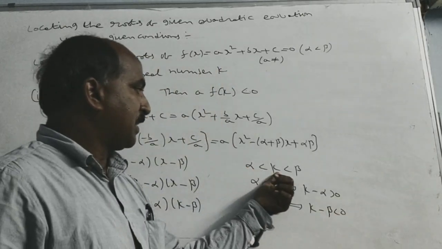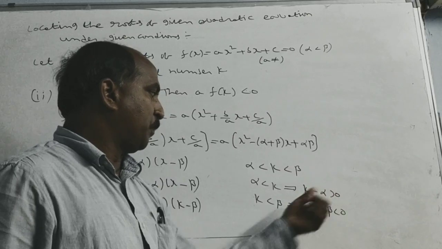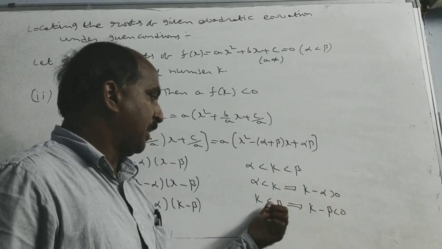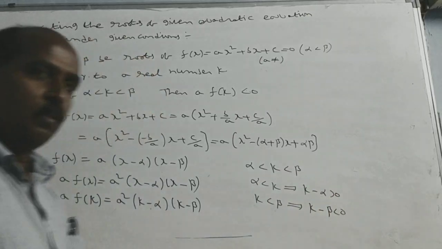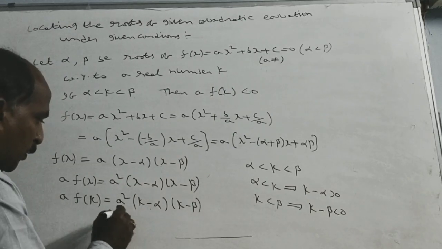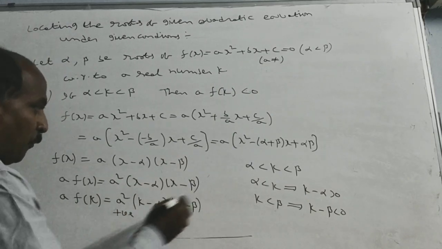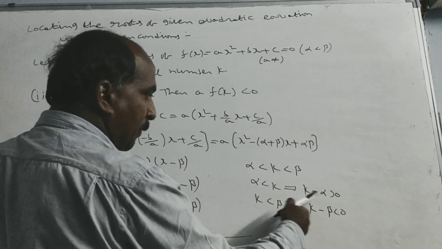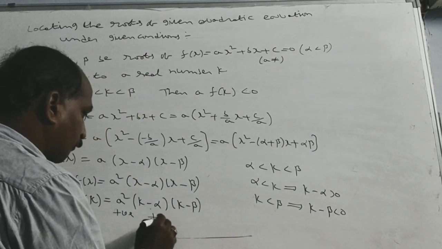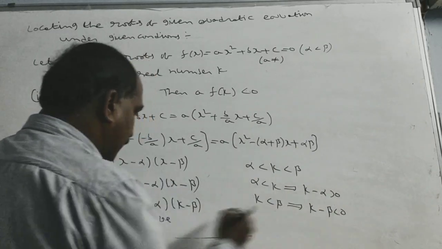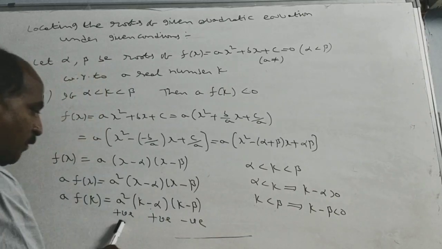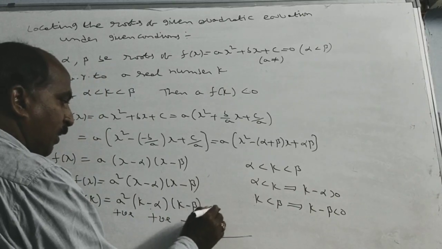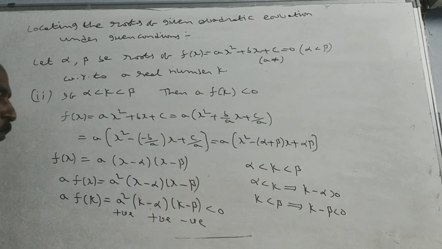Here a square is positive. From this one, k minus alpha positive and k minus beta negative. So positive into negative, negative. So a into f of k negative.